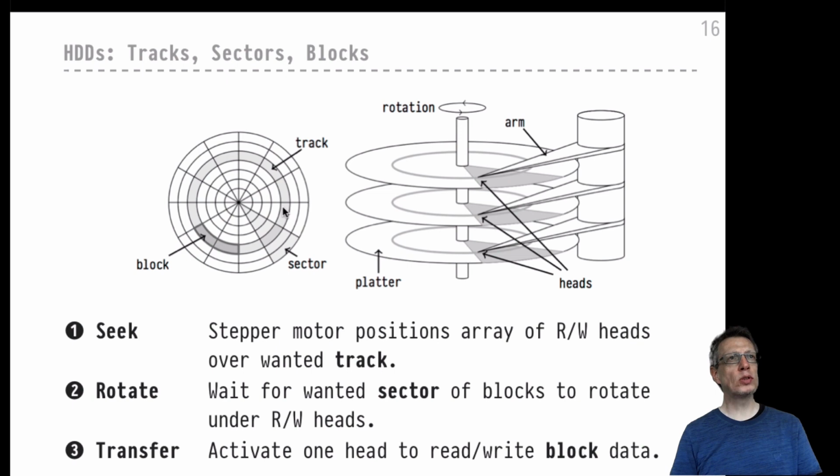Once the wanted blocks are really rotating under our read-write head, we then of course have to initiate the read or write operation and then actually transfer the data, the magnetically stored data from the blocks over the read-write head into the rest of the computer system. So once we've waited for the seek time and the rotational delay, there would also be the transfer time that really scrapes the bits from the blocks that are rotating under our read-write head.